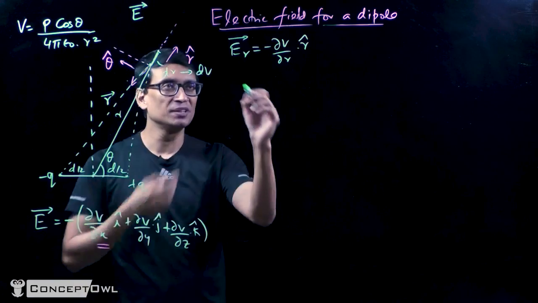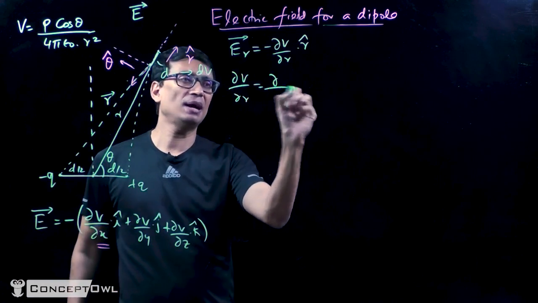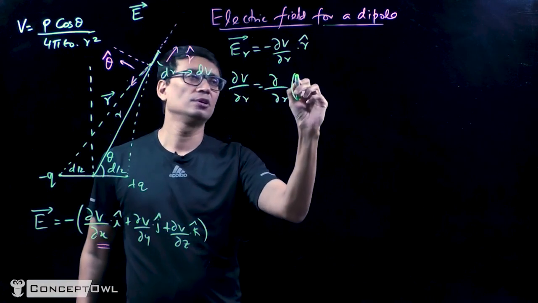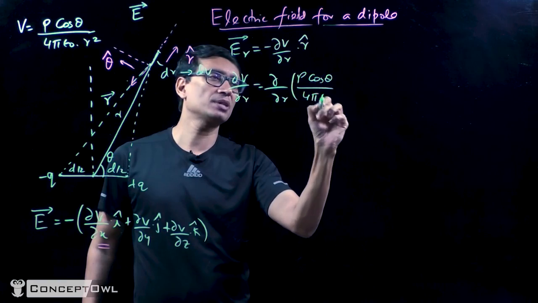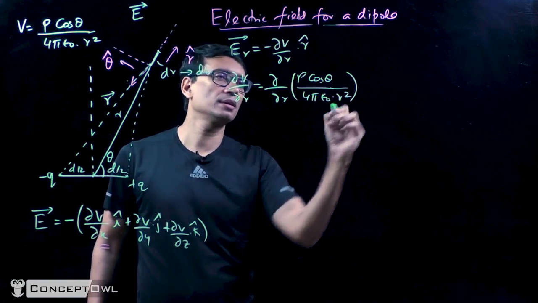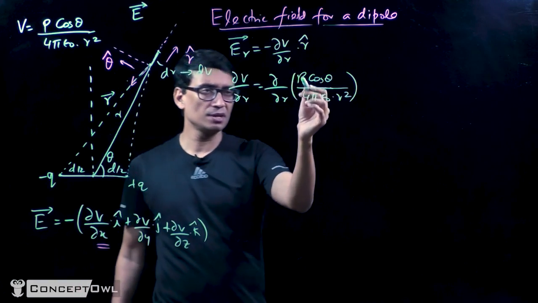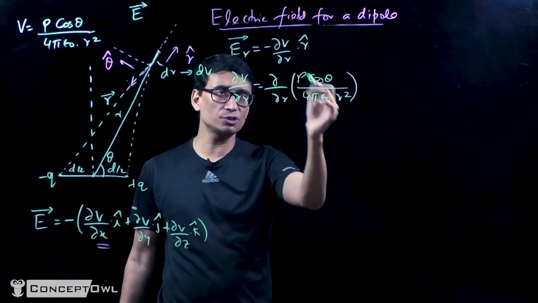So now my del V by del R would be del by del R of P cos theta upon 4 pi epsilon naught R square. Here P and 4 pi epsilon naught are constant, and even cos theta we are treating as constant.